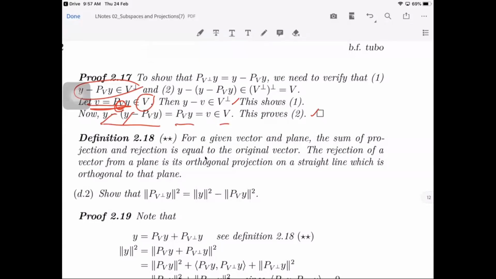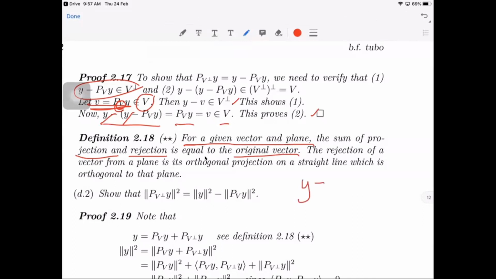We have a definition here of what is a projection. So here, for a given vector and plane, the sum of projection and rejection is equal to the original vector. So, unsay pasabot ana? The sum, mao ni ang imong original vector, the sum of projection and rejection. Ang rejection is in V perp, no?